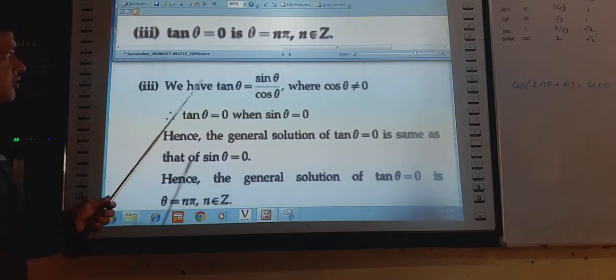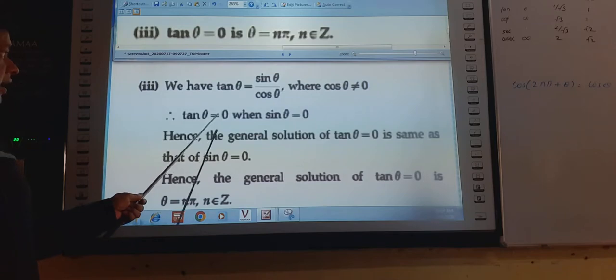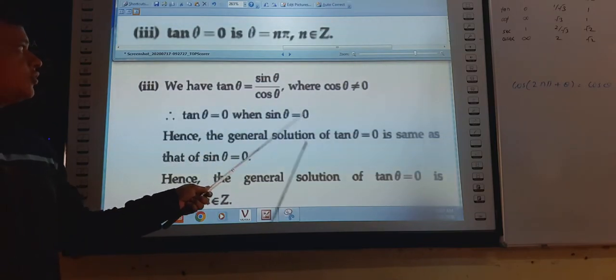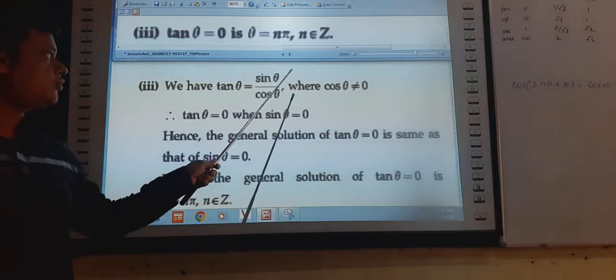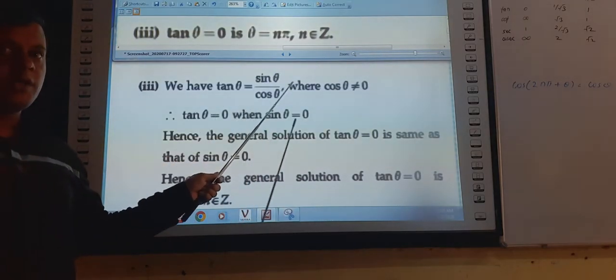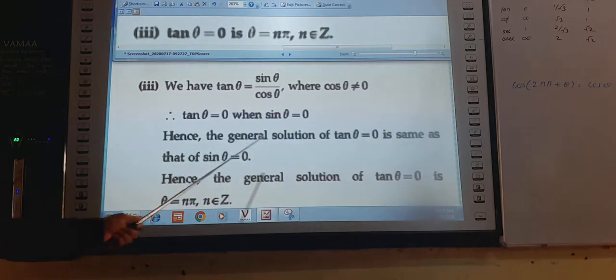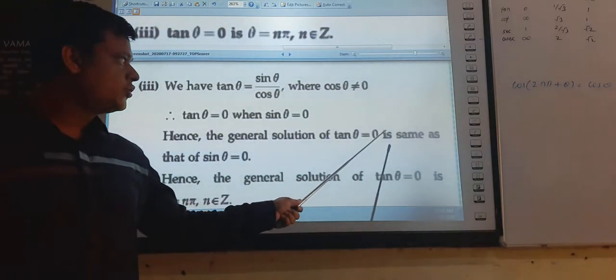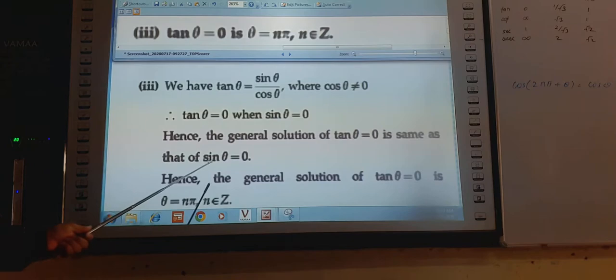Then second possibility, tan theta equals to 0 when sin theta equals to 0. Therefore when sin theta equals to 0, we get tan theta equals to 0, because 0 upon any number is 0. Hence the general solution of tan theta equals to 0 is same as that of sin theta equals to 0.